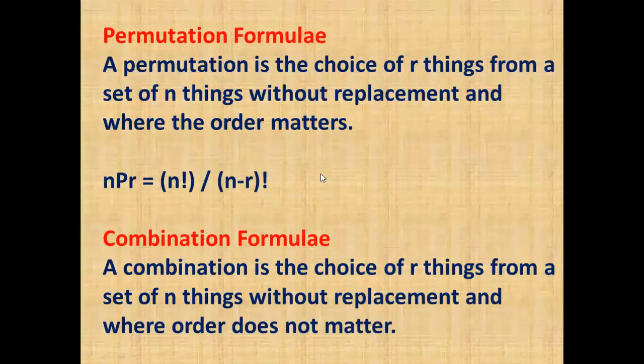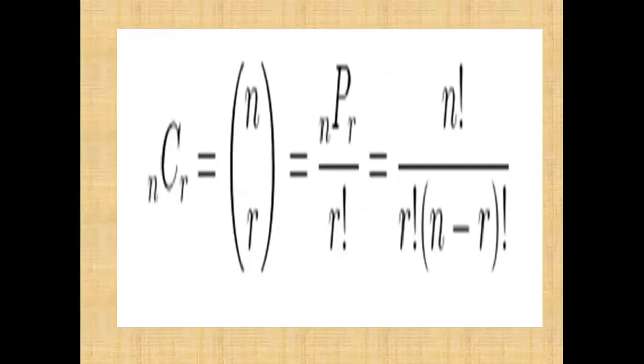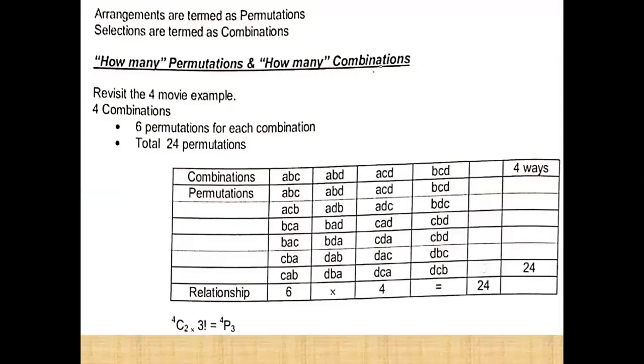If you look at the formula, permutation is nPr equals factorial n upon factorial n minus r. What is the formula of combination? nCr equals factorial n upon factorial r into factorial n minus r. In this question, out of 4 you have to watch 3 movies, so it would be 4C3.